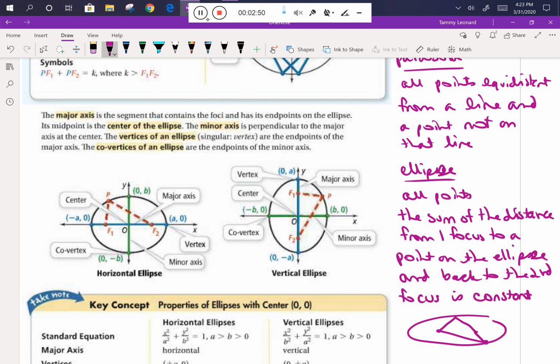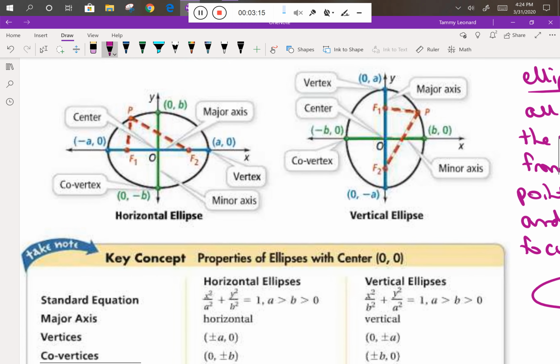Because ellipses are not the same all the way around, they don't just have a diameter like a circle does. They have a major axis and a minor axis. And thankfully, it kind of makes sense. The major axis is the long one, and the minor axis is the short one. The major axis is always the one that contains the two foci for the ellipse. And you can see a couple of good images there where all the parts are labeled.